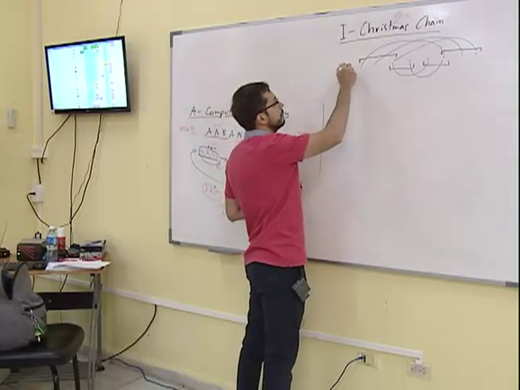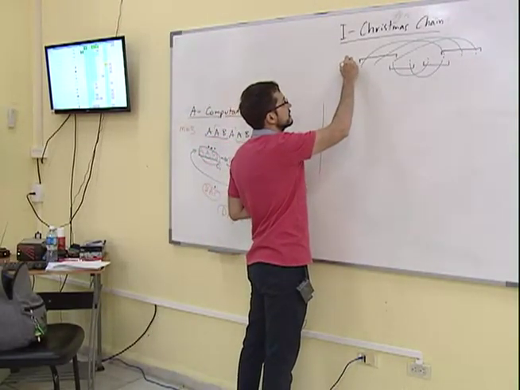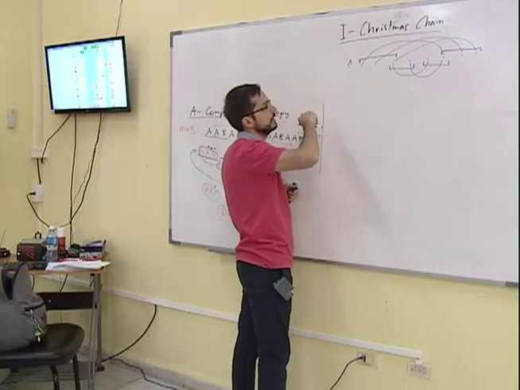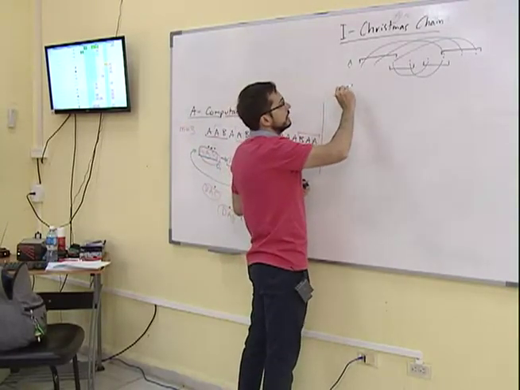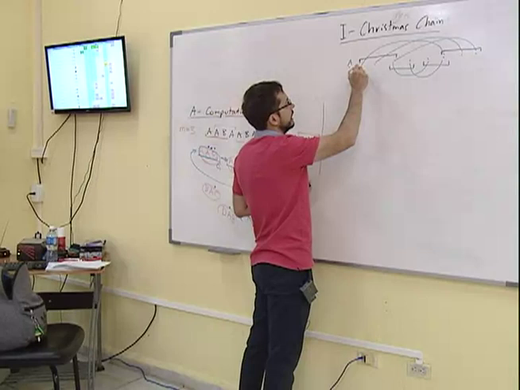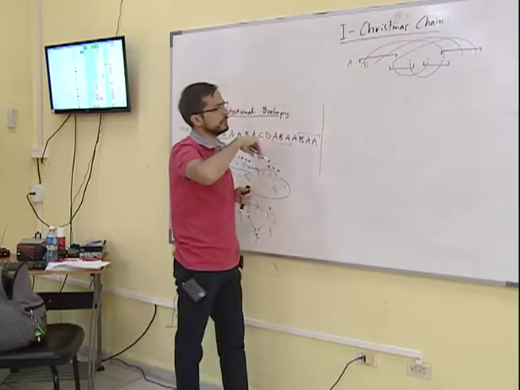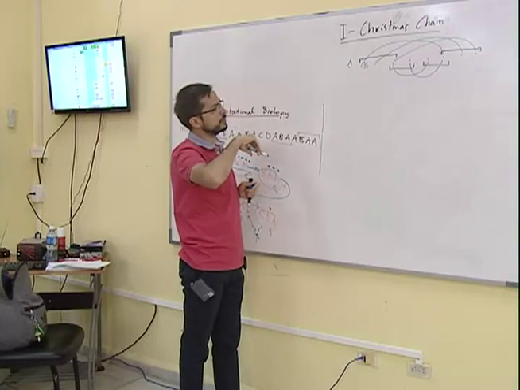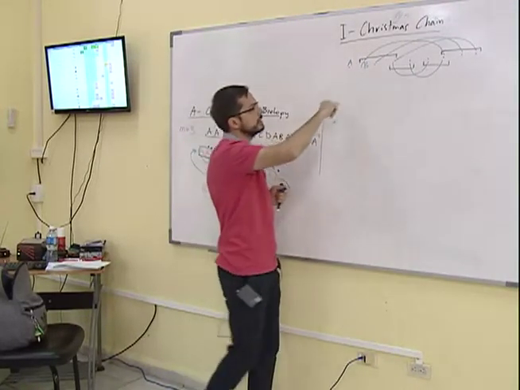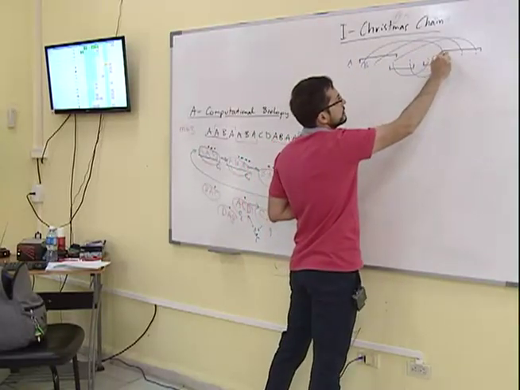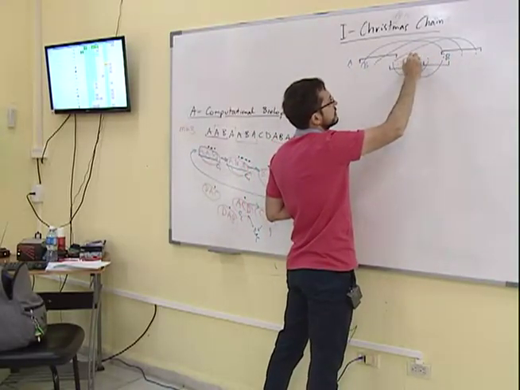Here we have a component, an isolated vertex, so we can give it a letter A. Next we will have another component B, but then we have to traverse all of the nodes which we can reach from B. So this will also be B, and this is also B.